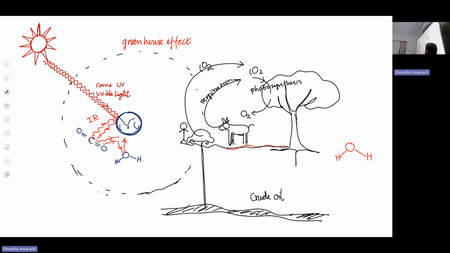Okay, so global warming is due to the enhanced greenhouse effect. It is an enhanced greenhouse effect due to anthropogenic emission of excessive greenhouse gases. What do you mean by anthropogenic emission? Anthropogenic means human made.